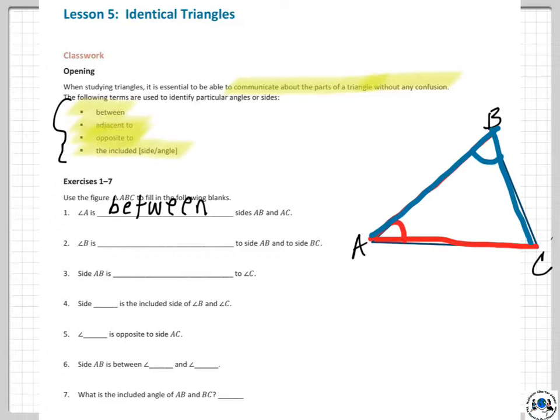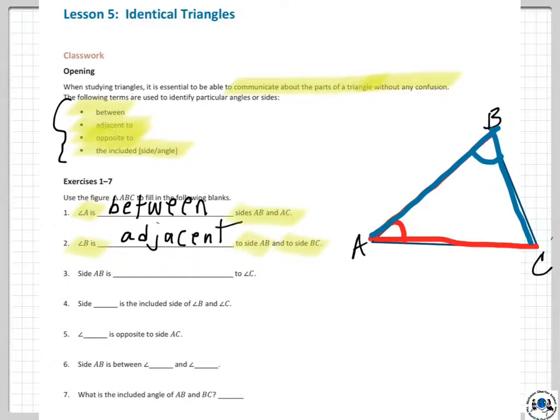So the answer we have here is adjacent to side AB and to side BC. The difference here is just in this wording at the end. Angle A up here was between sides AB and AC, both of those at the same time. But now we're saying angle B is adjacent to side AB and to side BC separately.